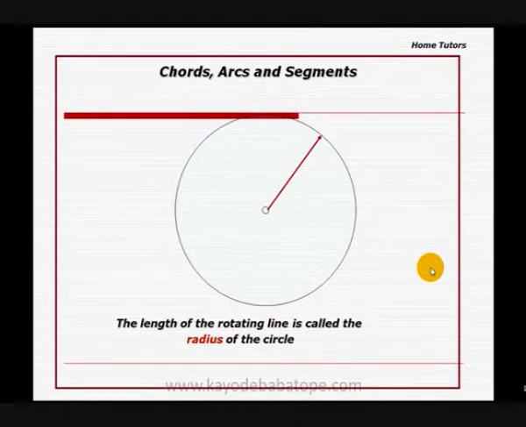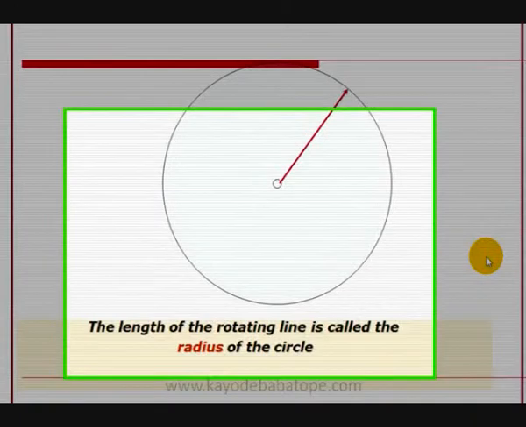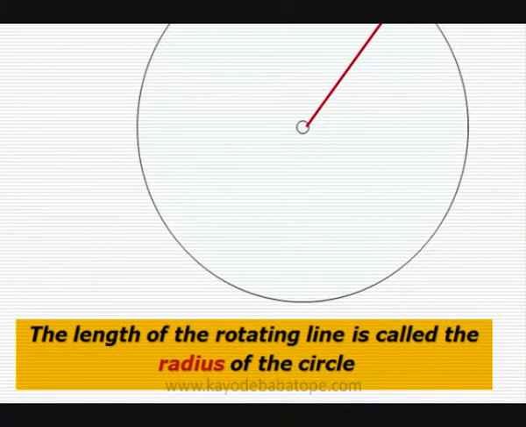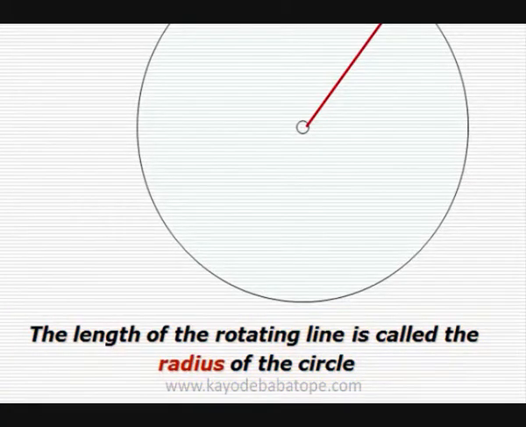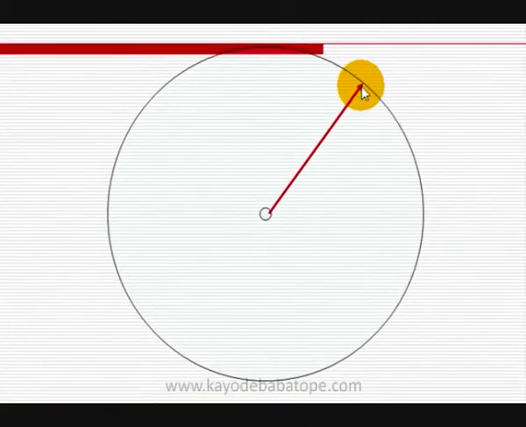Secondly, what are chords, arcs, and segments? The length of the rotating line, like I said earlier, is called the radius of the circle. So, this line is the radius of the circle.